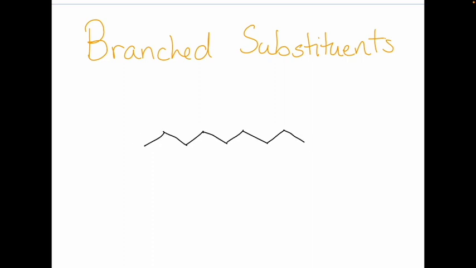And then off of the middle, I have this little fork thing here. Well, if we follow our rules for nomenclature and we find our longest continuous set of carbons, the longest continuous set of carbons is that nonane. All right, so my parent is definitely the nonane.